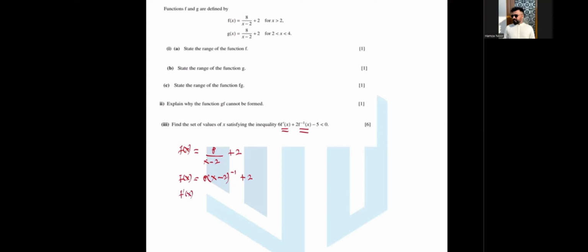So f dash x will be equal to 8 times minus 1 multiplied by (x minus 2) raised to the power of minus 2 into 1, and then when the constant term 2 is differentiated, this will become 0. So therefore, f dash x is equal to minus 8 divided by (x minus 2) whole squared. This is your f dash x function.